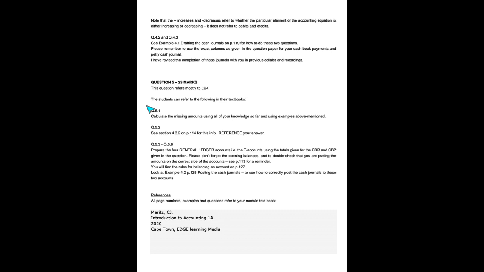They have again left the total in the bank column blank, so they want you to work out what the Rand value in the bank column should be for those two cash books.